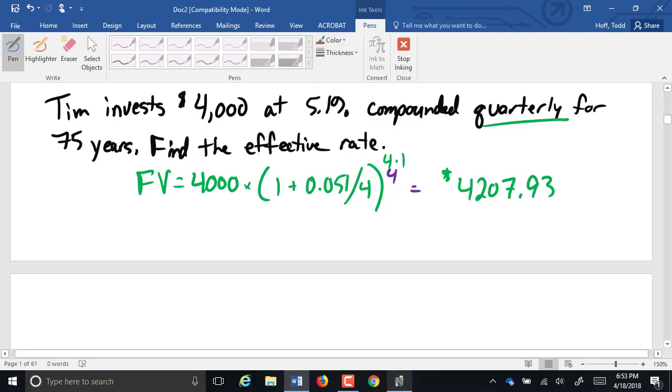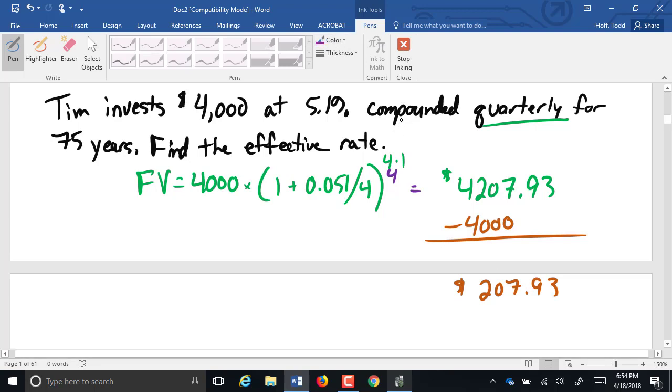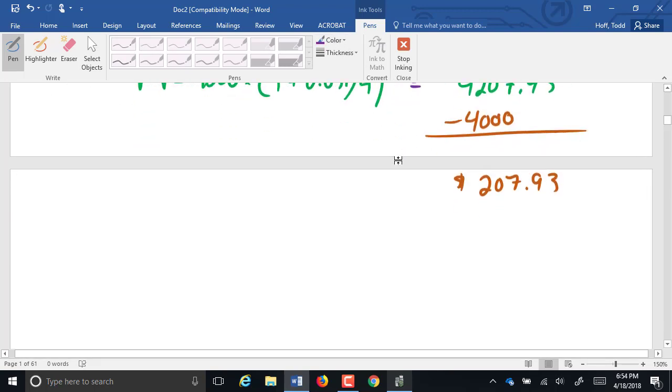Now step 2 is to find the compound interest, so we subtract that present value, the beginning balance, to get 207.93 is the amount of interest. So then the effective rate is at 207.93 equals the 4,000 times R times 1, because we went for 1 year.